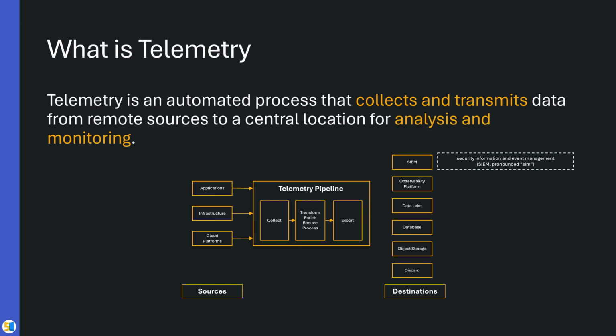And this backend can be a SIEM, or security information and event management, an observability platform, a data lake, database, object storage, or maybe we can just discard it if you want.